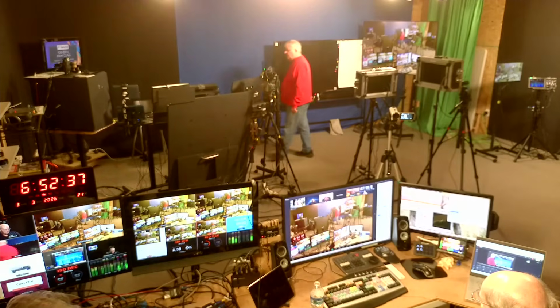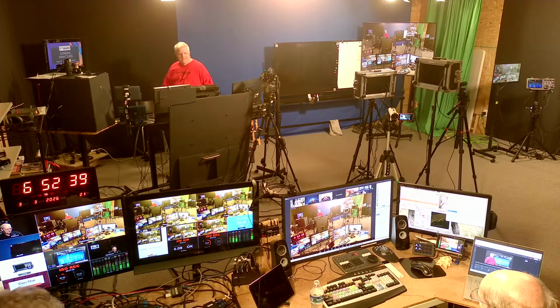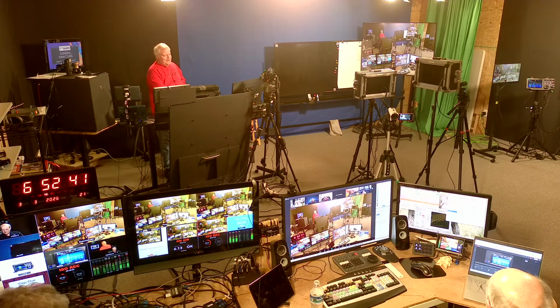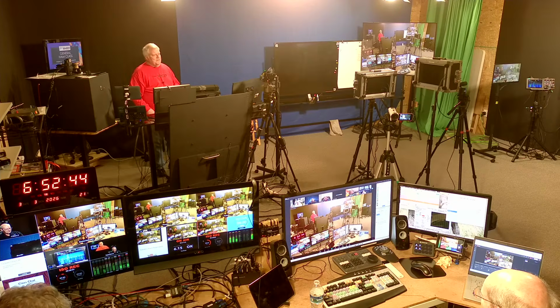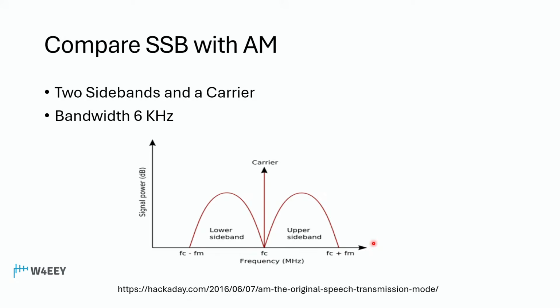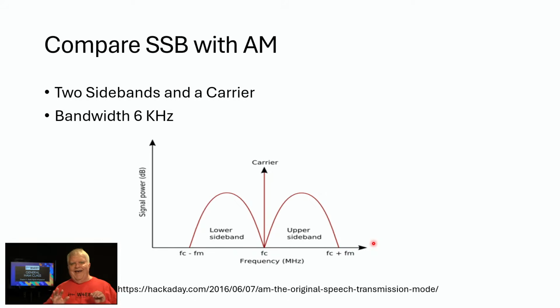Where does the carrier live then? If the sideband is between like 350 and 353 on the upper side, and on the lower side is between 47 and 50, then where's the carrier? This is the magic of the receiver. So for single sideband, remember, we're only transmitting the sideband. We're not transmitting the carrier. And what the radio does on the receive end is inject a false carrier from a device we're going to look at a little later called a beat frequency oscillator.